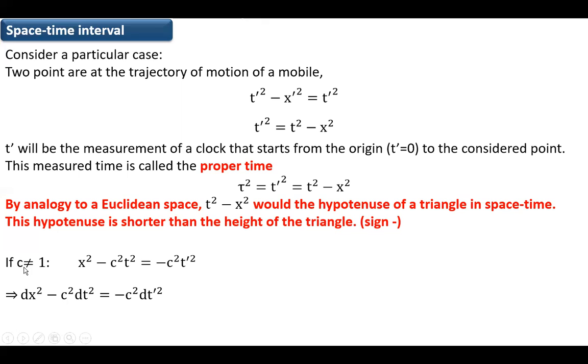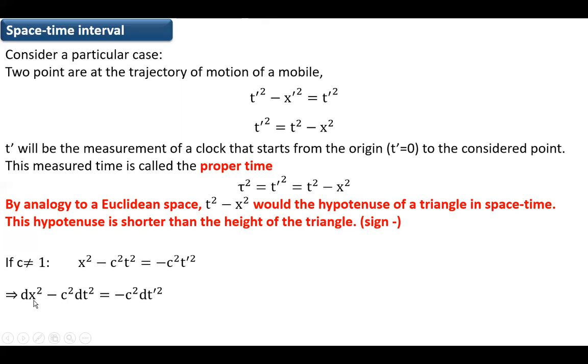When you have c different from 1, you have x squared minus c squared t squared equal to x prime squared, which is 0, minus c squared t prime squared. This is also true for differential quantities. So instead of x squared, you take the differential quantity, the smallest displacement in space-time, dx squared.